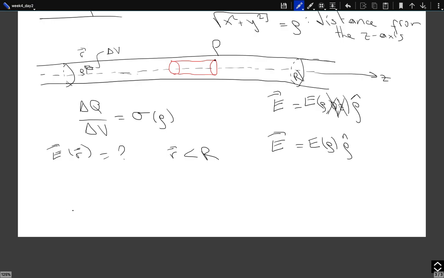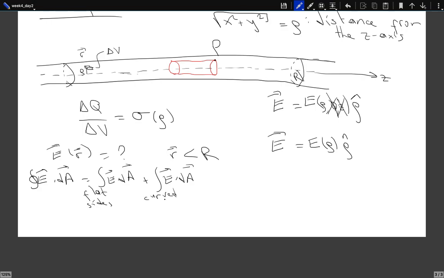The evaluation of the Gauss integral for this surface will be exactly like before. There won't be any change. Again, we divide the surface into the flat parts plus the curved side: E dot dA over the flat sides, plus E dot dA over the curved surface.